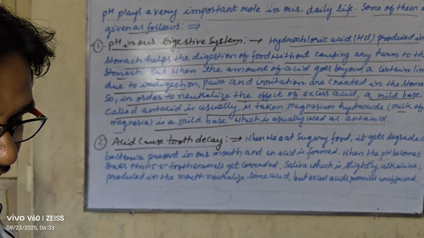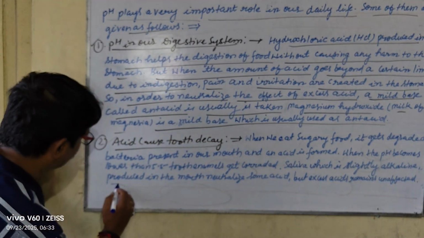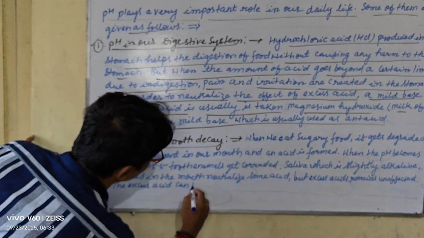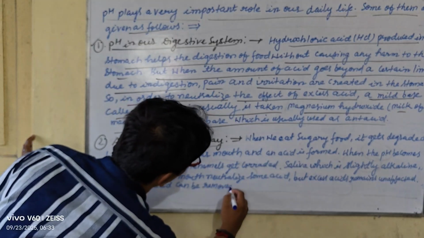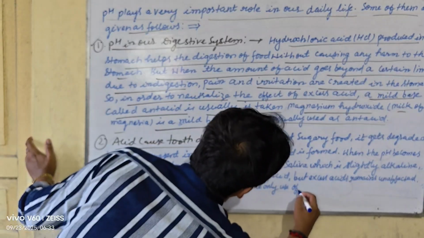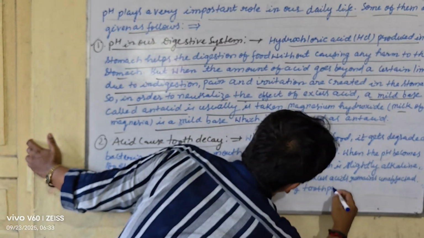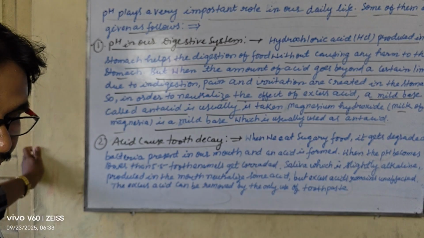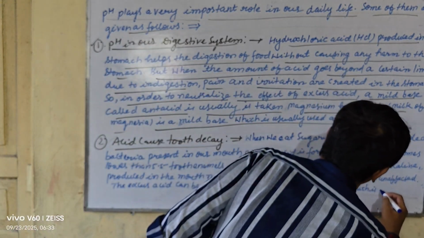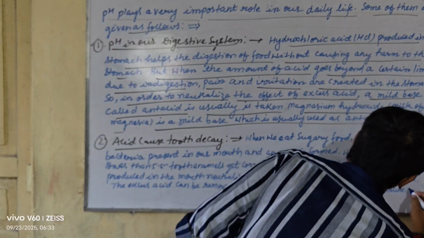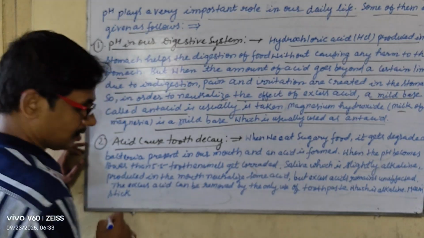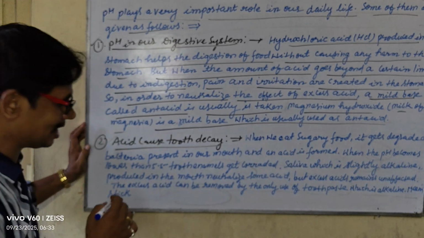The excess acid can be removed only by the use of toothpaste, which is alkaline. Neem stick contains alkaline juice.